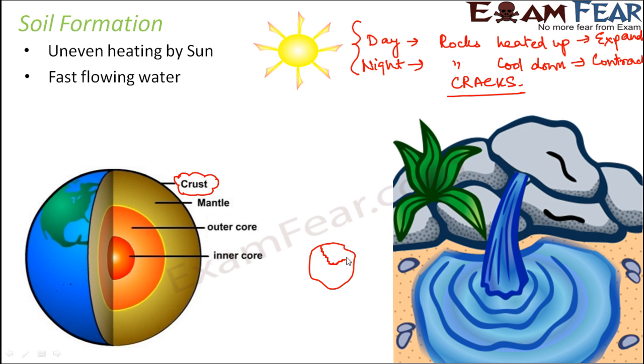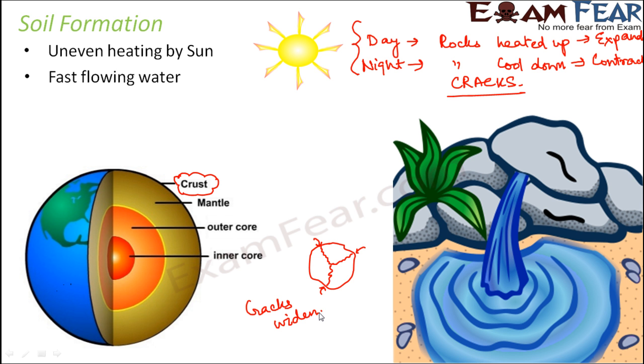Okay, so it developed some cracks like this because of uneven contraction and expansion. Now water entered inside these cracks. Now when water forced itself inside the cracks, what happened? The cracks got widened. So the next step is that the cracks widen up. Now when the cracks gradually widen up, what will happen? The rock will break into smaller pieces.